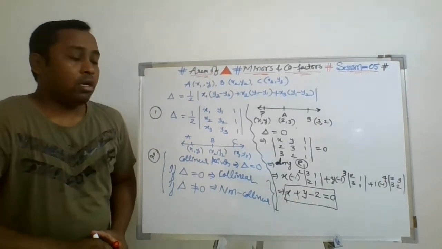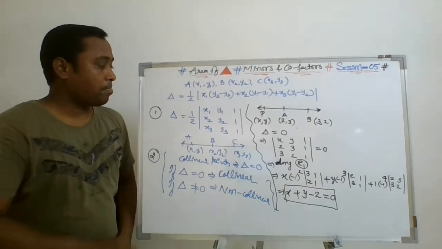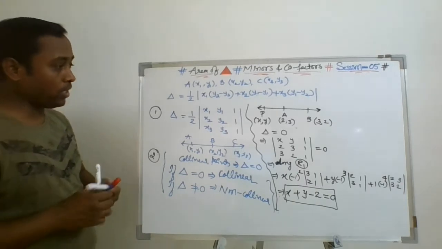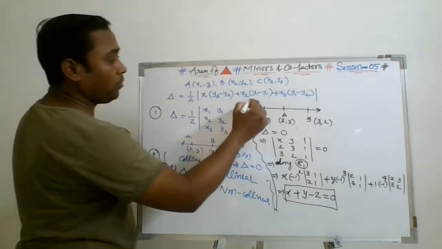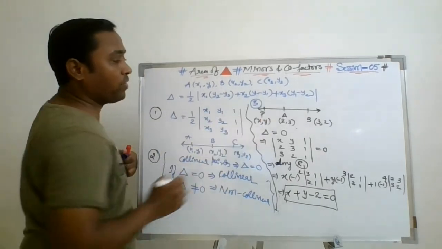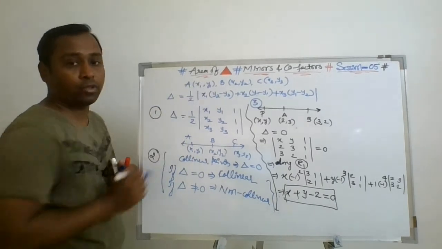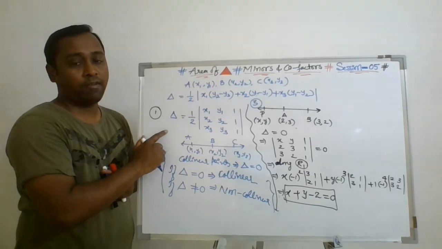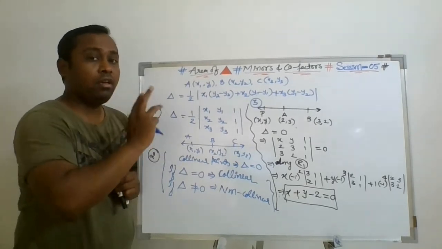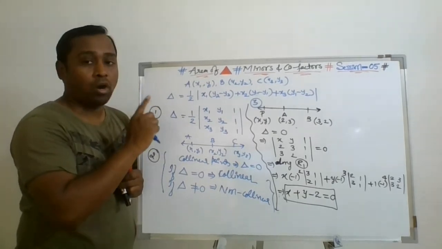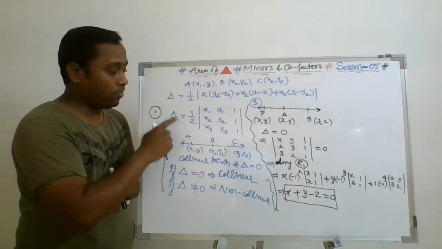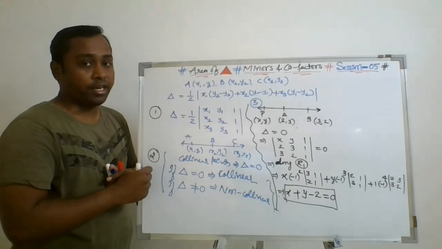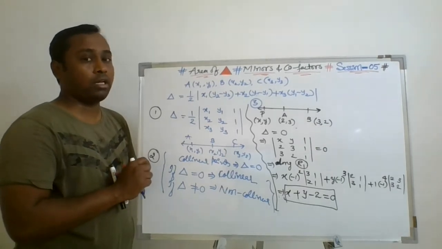So now here, we were discussing the three important points to remember under the head of area of triangle. The first one is how to find the area of a triangle when you are given 3 points with their coordinates. Second, with the help of this, you may also discuss the collinearity of the points, whether they are collinear or not.